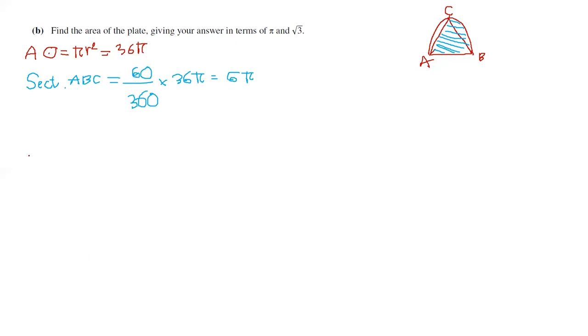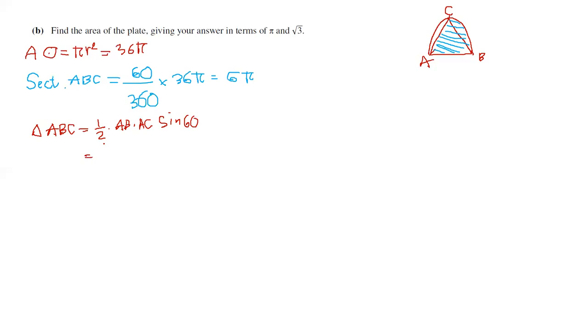Now we are going to find the area of this triangle ABC. According to the sine rule, it is a half times AB times AC times sine 60.